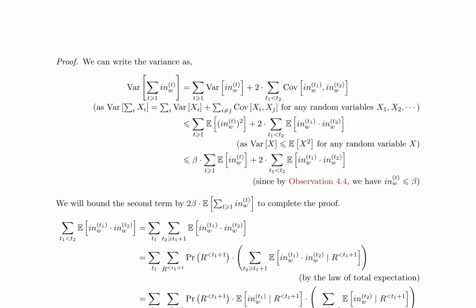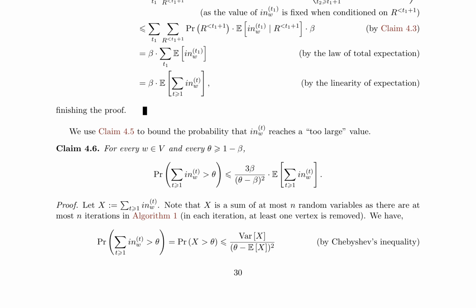The authors then use this variance bound to derive a concentration inequality for the total value assigned to W. Specifically, they show that Pr[x_T ≥ 1 in_{t,w} > theta] is less than or equal to 3 beta over beta squared E[x_T ≥ 1 in_{t,w}], where theta is greater than or equal to 1 beta. This result is obtained by applying Chebyshev's inequality and using the previously derived variance bound.